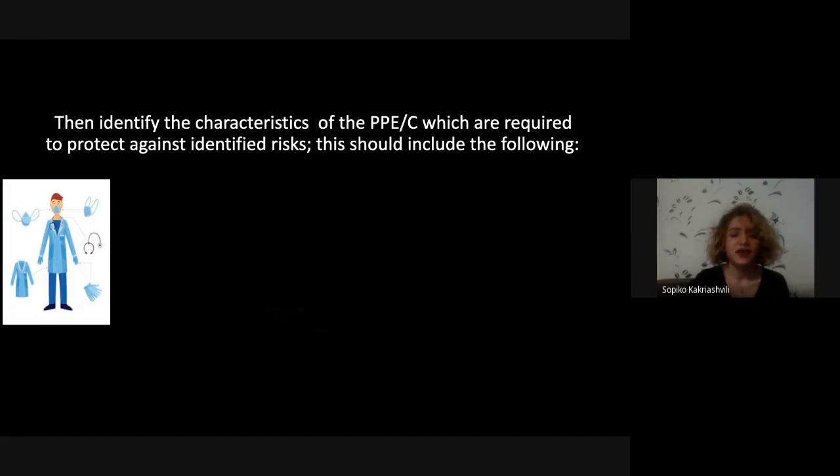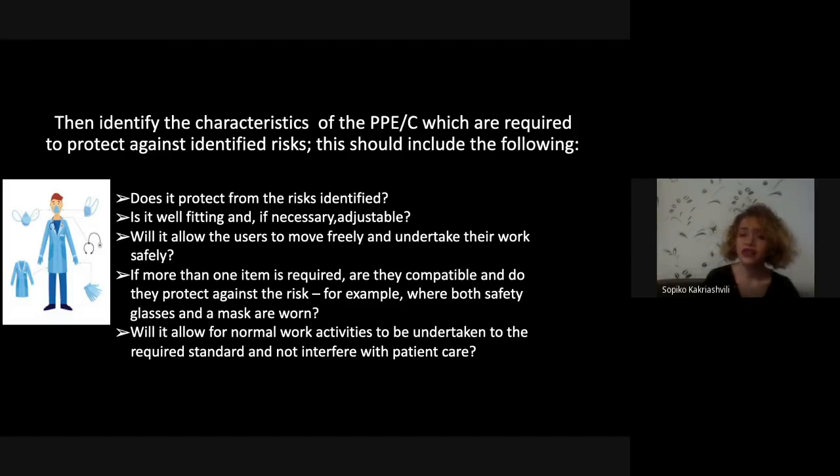Identify the characteristics of PPE which are required to protect against identified risks. This should include the following. Does it protect from the risk identified? Is it well fitting and, if necessary, adjustable? Will it allow the user to move freely and undertake their work safely?